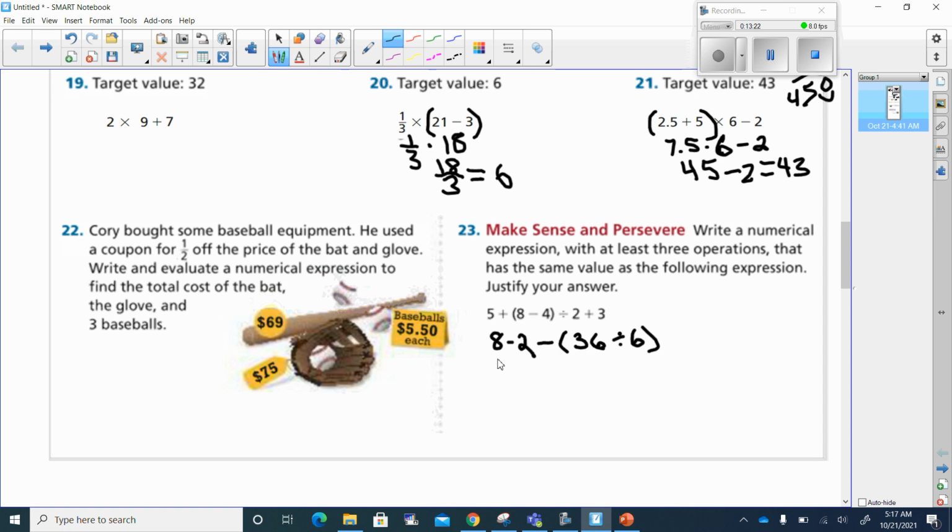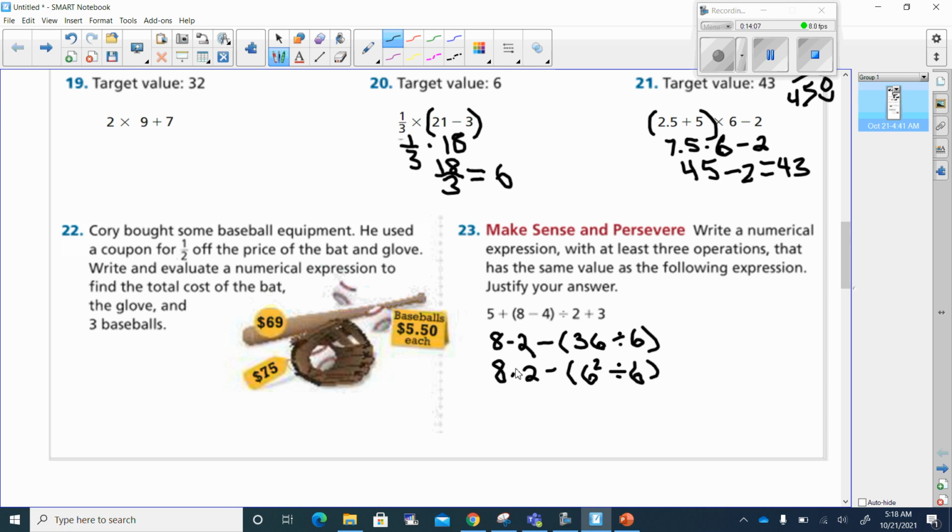I could even alter this a little to say I have 8 times 2, and I could say minus, and what if this time I was to put 6 to the 2nd power, and then say I'm going to divide it by 6. 6 to the 2nd power is another way of saying 36, because 6 to the 2nd power is 6 times 6. And then 36 divided by 6 would give me 6. And then I would subtract that from 16 to get 10.